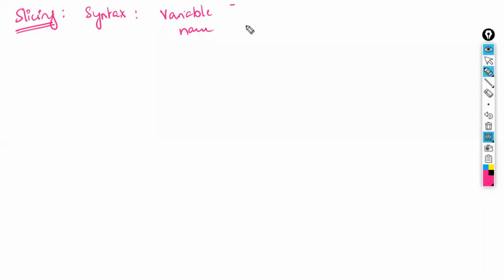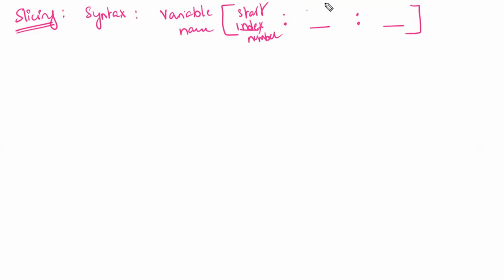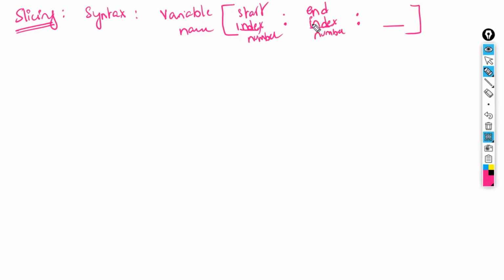Now, here we have to use open and close brackets, and within the brackets we have to use 2 colons. Before the first colon, between the colons, and after the second colon, in total 3 values we have to fill. The first value is the starting index number, where you want to start. You have to write only the index number. The second one is the end index number, from where till where you want to end.